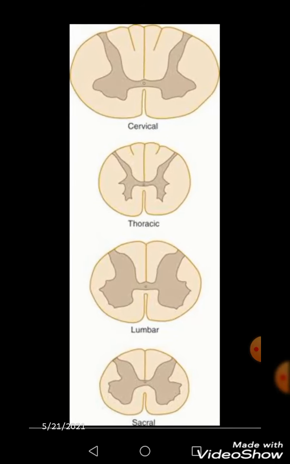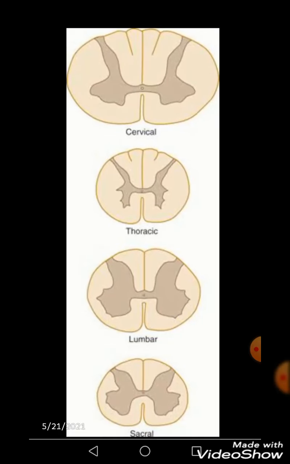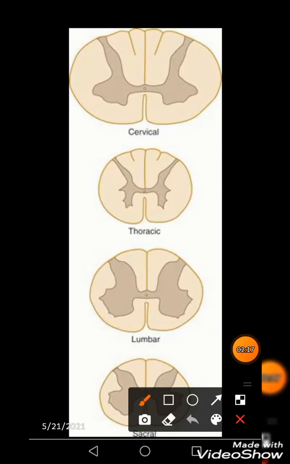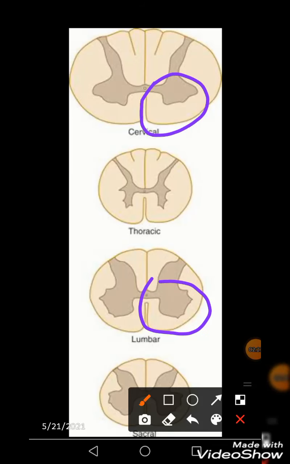And similarly, the quantity of gray matter is much more in your ventral horn at the cervicothoracic and lumbosacral regions, right? It could be marked like this, because they have to address the cervical and lumbar enlargement to supply your upper and lower limbs.